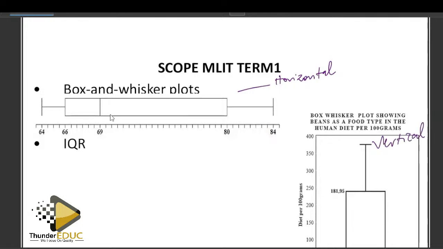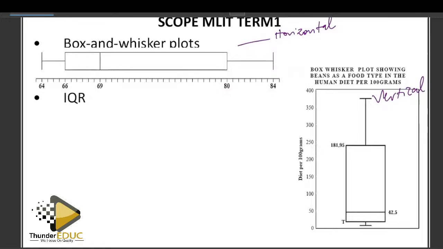But it doesn't matter. In most cases, we rarely see the vertical one, but it's fine. What you have to take in plan, because now, this one here, you name it, you know very well that this is the minimum. This other, it's Q1. This one here, Q2. This is Q3 and the maximum. That's what I want you to remember.